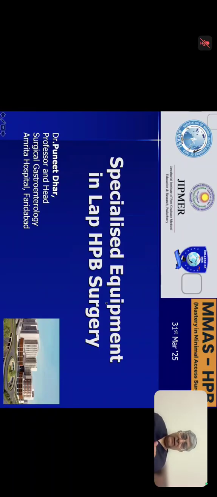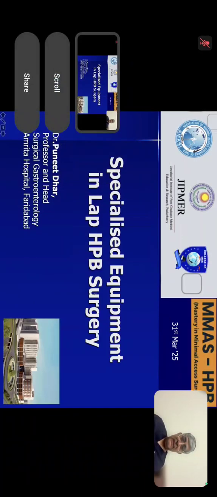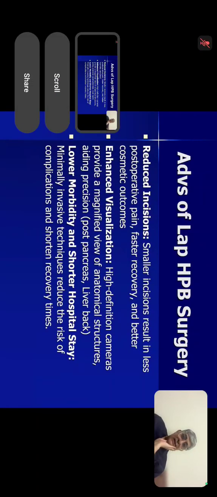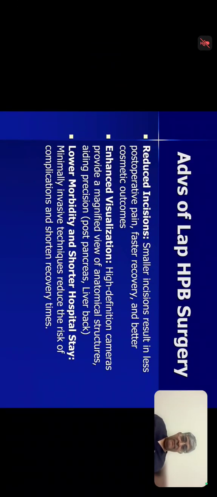So I think one of the reasons, despite knowing the advantages of lap in HPB, especially in places like donor surgery where a patient doesn't really need any surgery, is that if we can somehow minimize it, it's much more important to get faster recovery. Some of these surgeries are in tough locations.